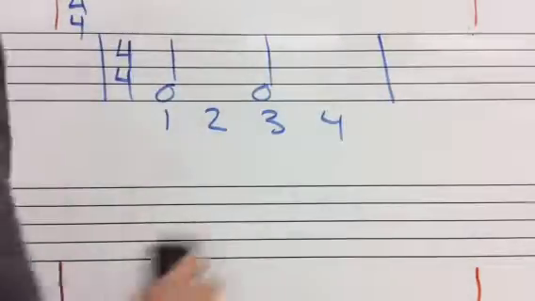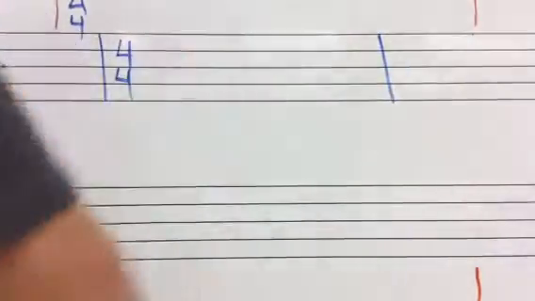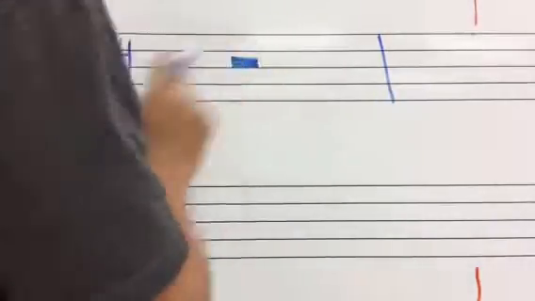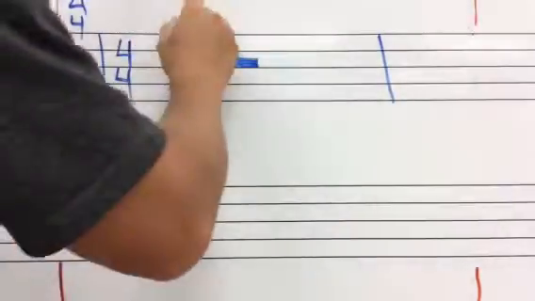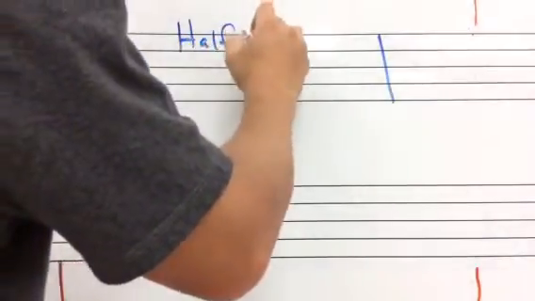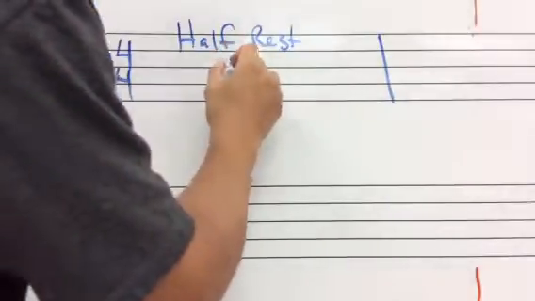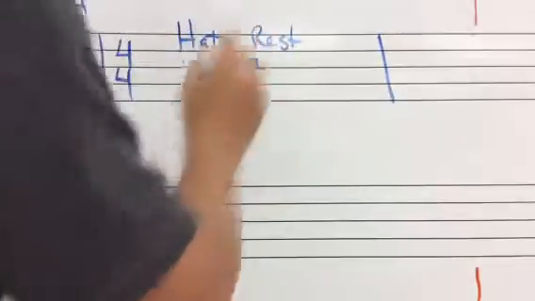But the corresponding rest to this half note is the half rest, and it's the opposite direction, right in the very middle of that whole rest. Some people think it's a hat. Oh, that's magic.